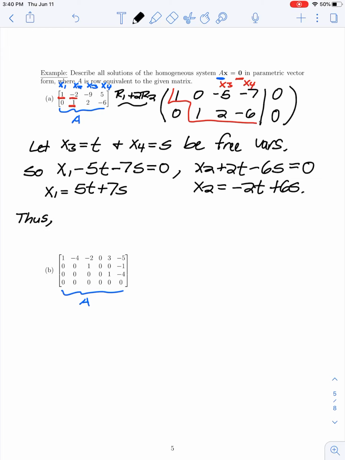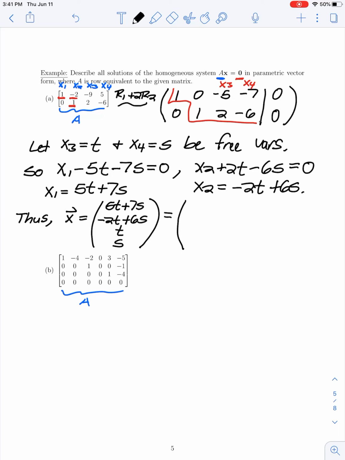So our solution set here would be the set of vectors where x1 is given by 5t plus 7s, x2 is -2t plus 6s, x3 is t, and x4 is s.